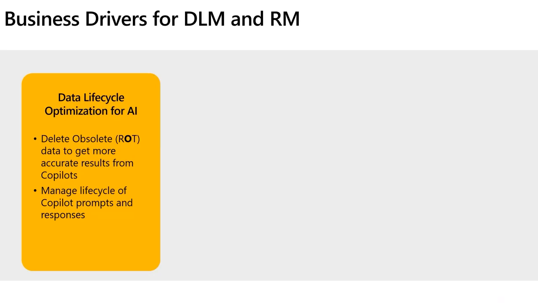So this is part of ROT data, redundant, obsolete, and trivial, saying that deleting obsolete data will help you get more accurate results for Copilot. It will also help clean up Copilot interactions in case you don't want Copilot data to stick around for too long, right? So you can manage the life cycle of Copilot prompts and responses that have been used by the end users.